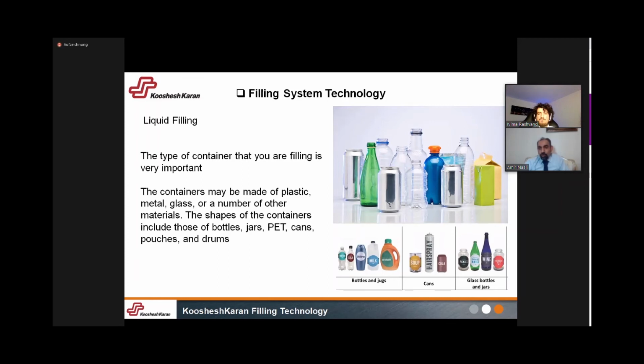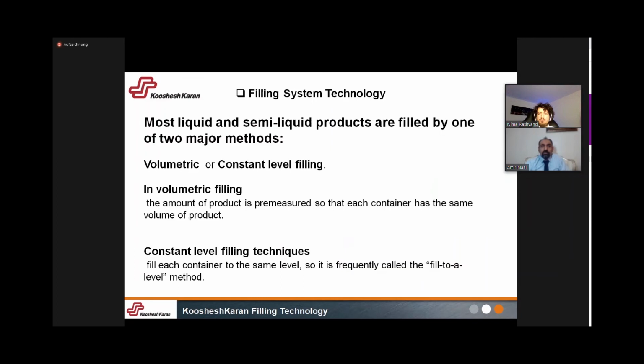Most liquid and semi-liquid products are filled by one of two major methods. I mean, any liquid can be filled with two methods: volumetric or constant level filling.